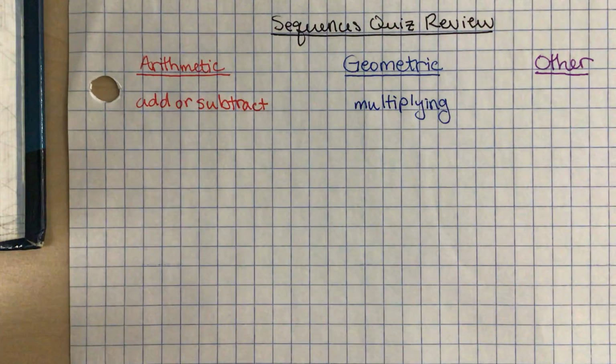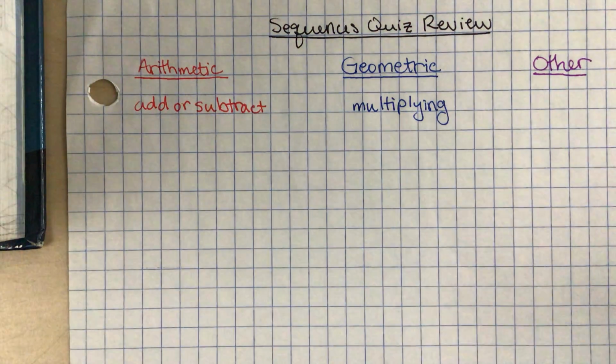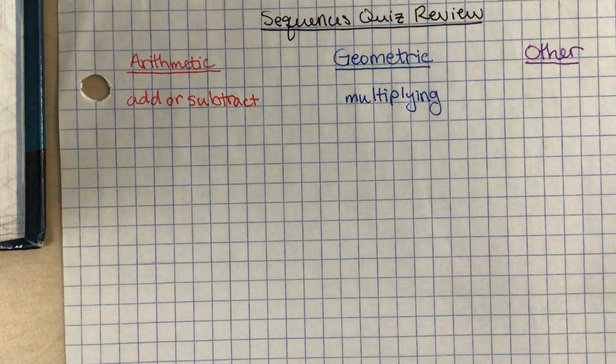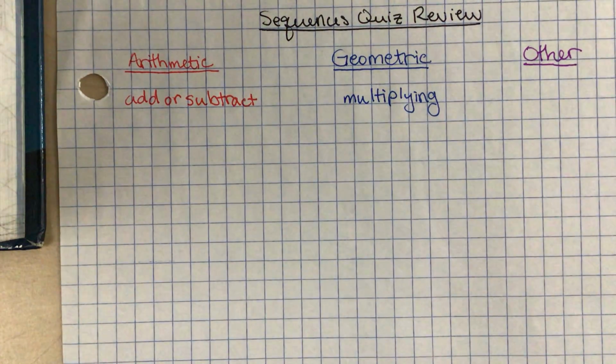Now, it's better for you to think of geometric as multiplying because we use our formula that we're going to talk about here in just a second as a multiplicative number. We're multiplying something each time. Our equation is not set up for dividing. We have to think of what number that would be as multiplying.